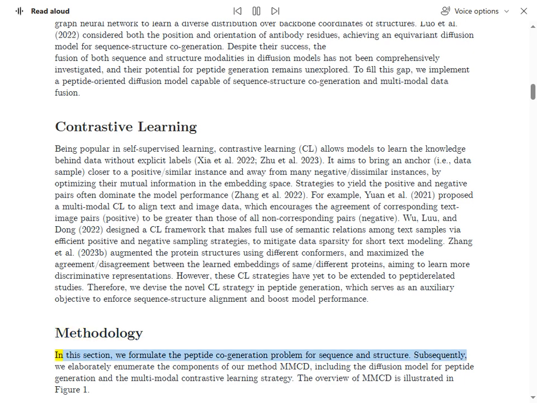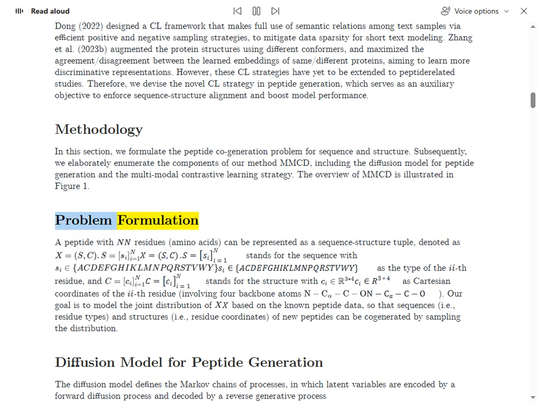Methodology. In this section, we formulate the peptide cogeneration problem for sequence and structure. Subsequently, we elaborately enumerate the components of our method MMCD, including the diffusion model for peptide generation and the multimodal contrastive learning strategy. The overview of MMCD is illustrated in Figure 1. Problem formulation.